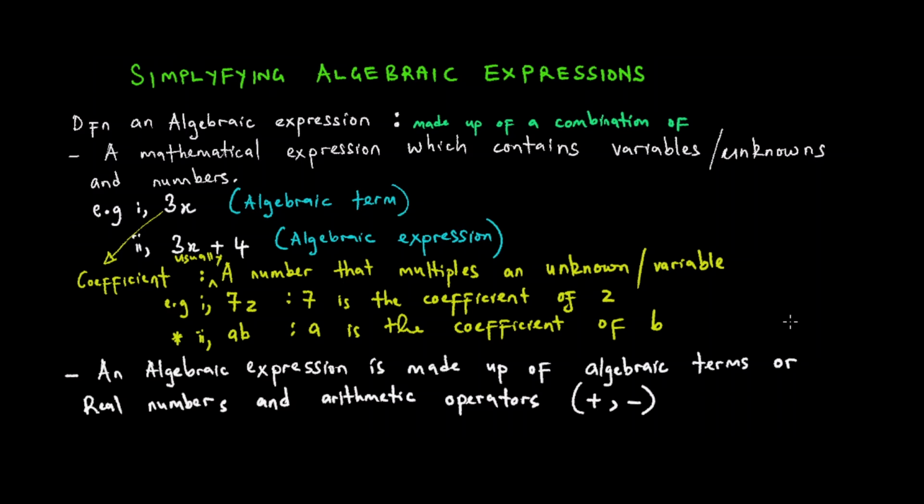The descriptor algebraic is there because an algebraic term has the variable x. But sometimes we have terms that are not algebraic but are part of an algebraic expression. Like 3x plus 4: it's part of the algebraic expression, but 4 is just a term. It's not an algebraic term. For it to be called an algebraic term, it must be a real number multiplying a variable, otherwise it is just a term.